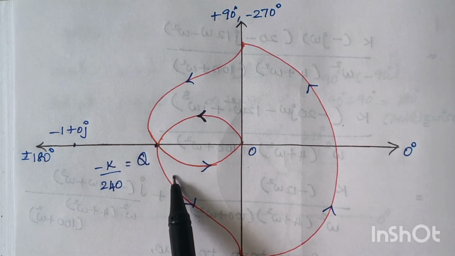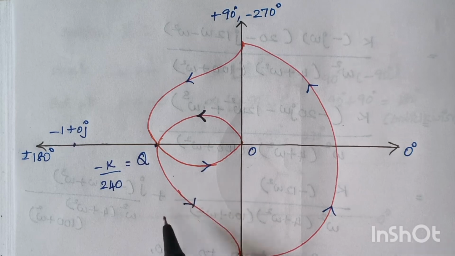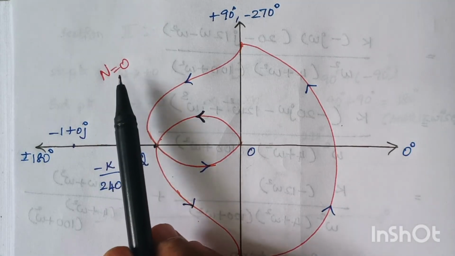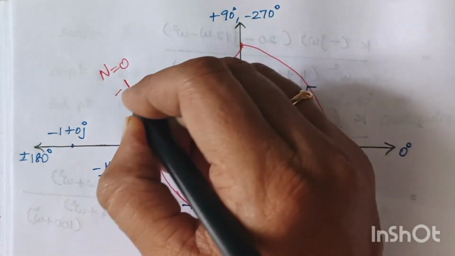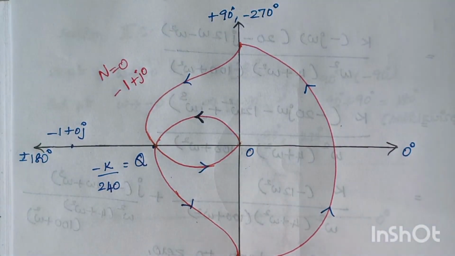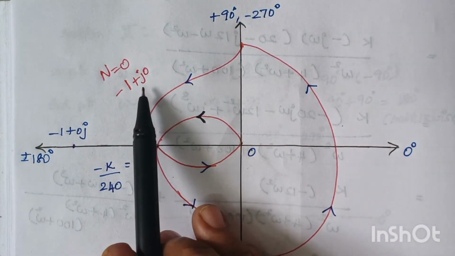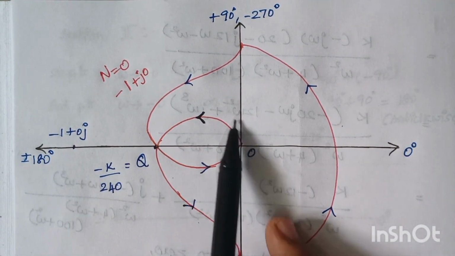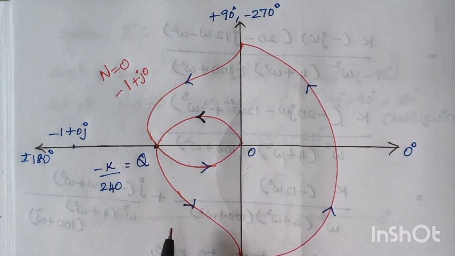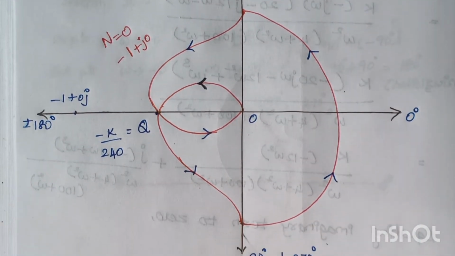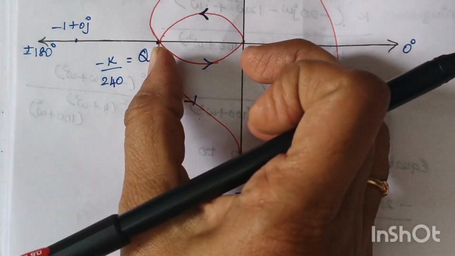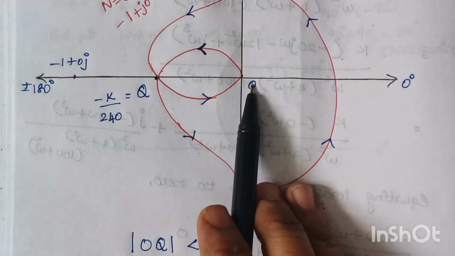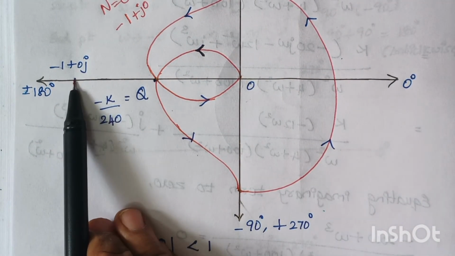You see, from step 2, the number of encirclement is 0, right? That is, the value of n is 0. What is meant by that? N is 0 means we should not encircle this minus 1 plus j0 point. So in this diagram, this minus 1 plus j0 point should lie somewhere outside and not within this covered area, right? So for that, this value should be less than 1. Do you people accept or not? You see, here it is 0 and here it is minus 1, right?